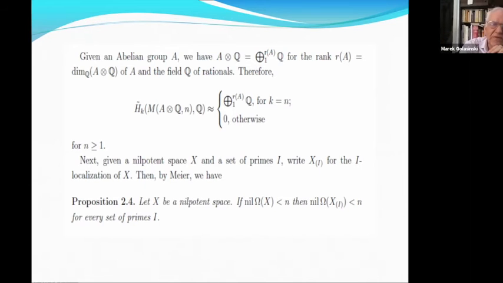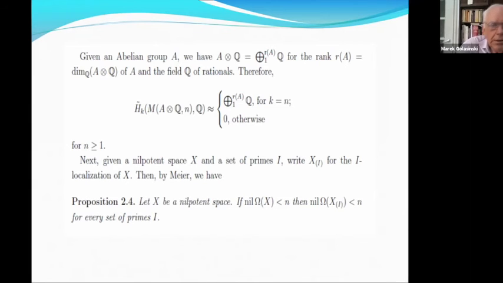The rank of a group can be defined as the dimension of the vector space over Q of the tensor product of A and Q. Then the reduced homology of this Moore space, in this case the Moore space determined by the tensor product of A and Q, is concentrated only in dimension n, and is exactly a direct sum of some copies of Q, where the number of copies is equal to the rank, and 0 otherwise.